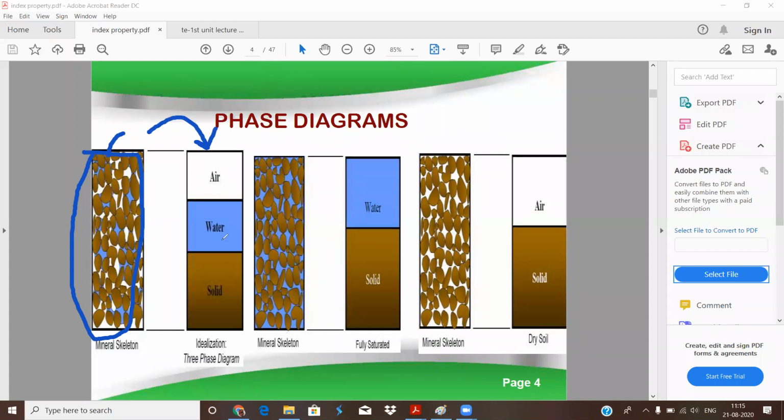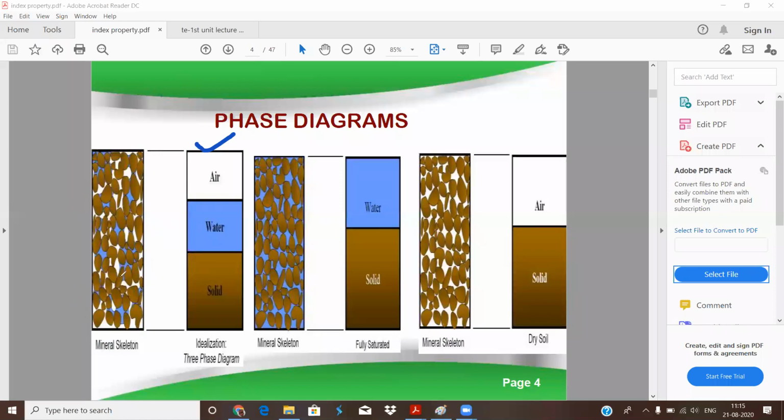This phase diagram is drawn on the basis of the volume of the particles, air, or water only.